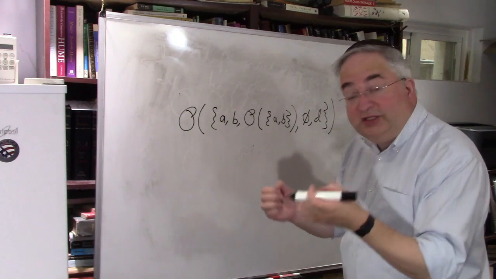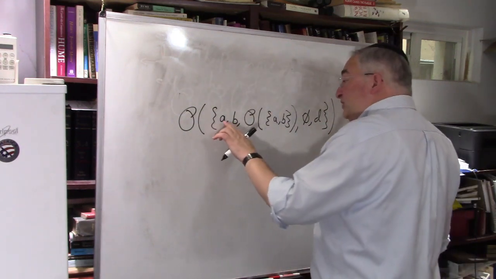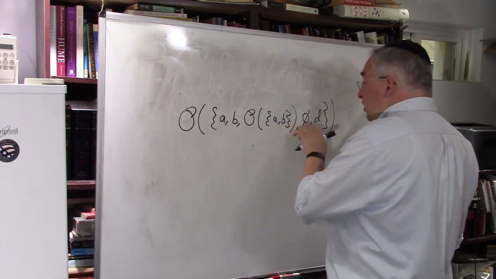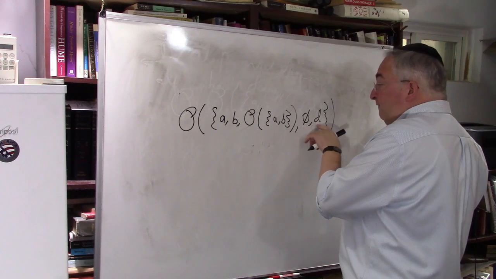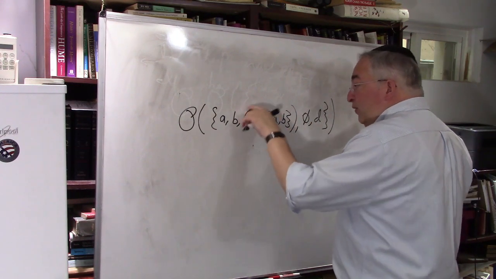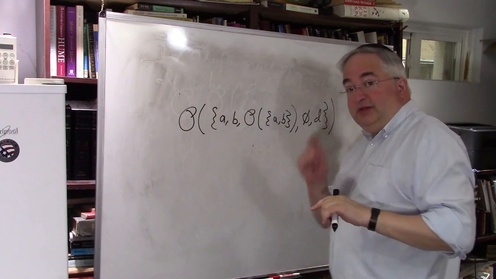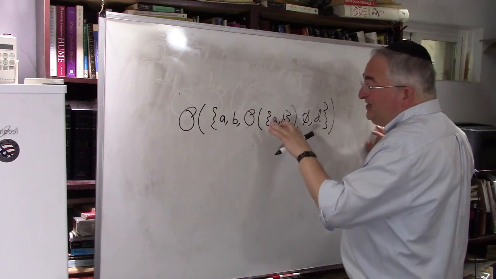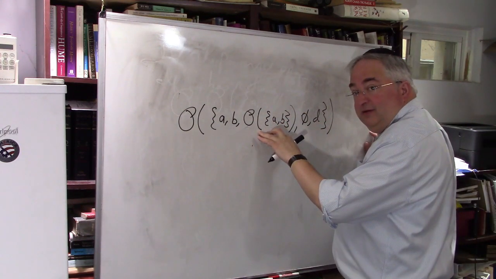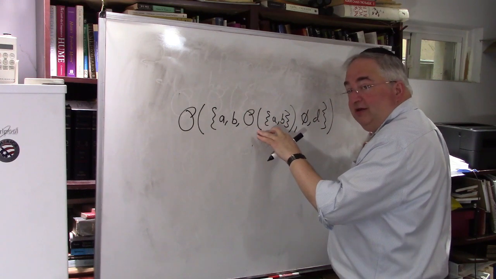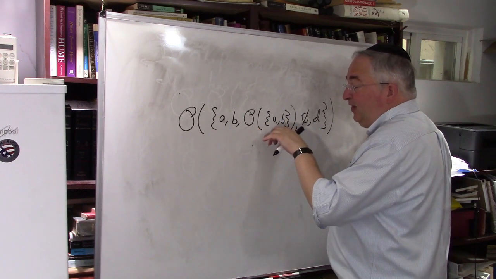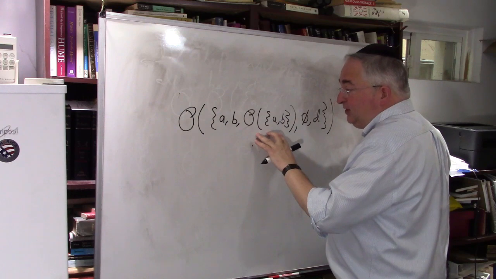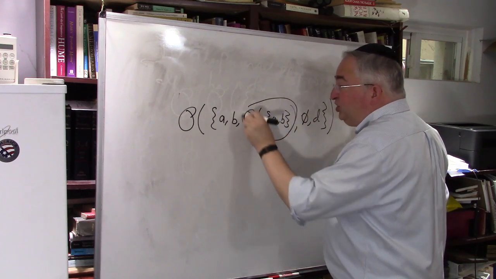So we do the inside of the parentheses first. So this has 1, 2, 3, 4. And what's this? This is very important. This is a set. This is a set of subsets of A, B. So this whole thing is just one set.